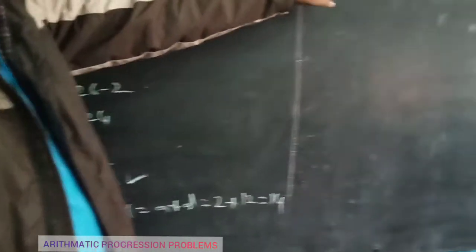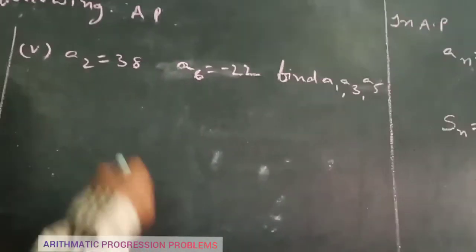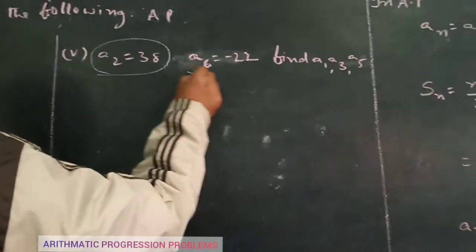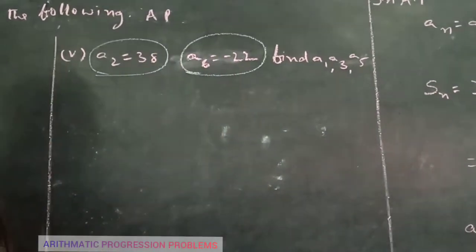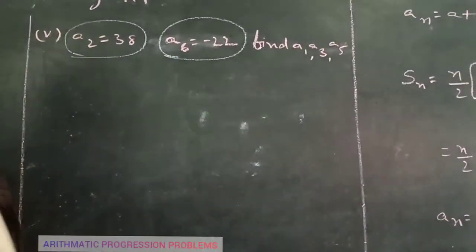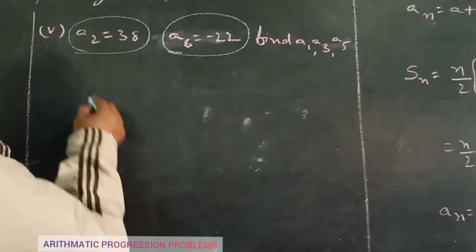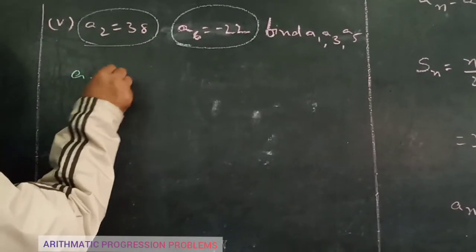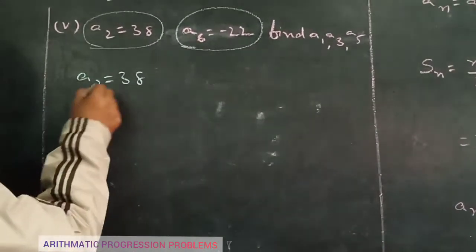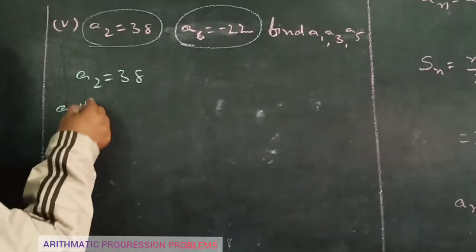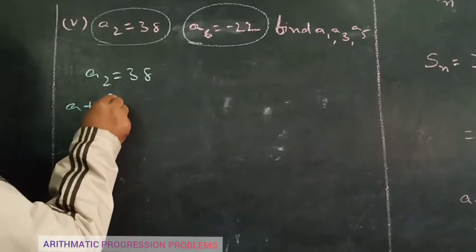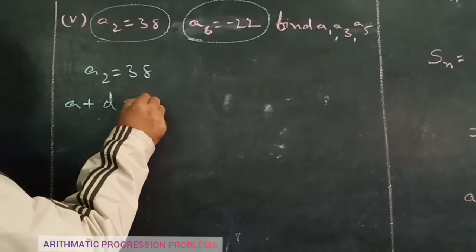Okay, next sum. a3 is equal to 38, a6 equal to minus 22. So find a1, a3, a5. So a2 is equal to 38. a2 equal to 38 means a plus d is equal to 38.